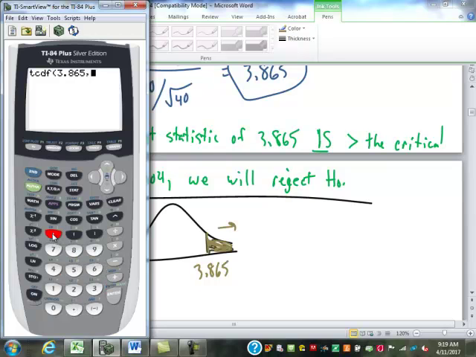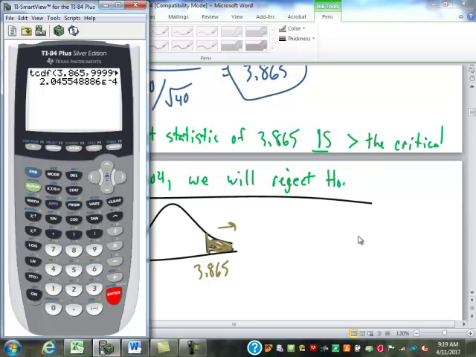Greater than 3.865 is saying from 3.865 to positive infinity. I just use six nines for positive infinity. It's easier than doing the 1 in scientific notation, second EE 99. And we do have to put in 39 degrees of freedom.